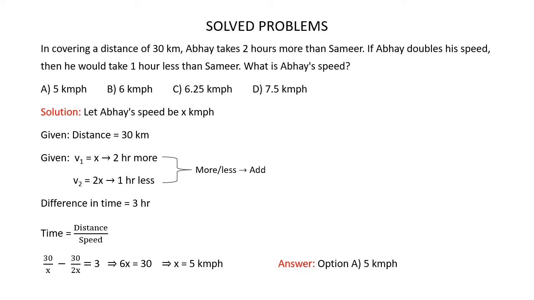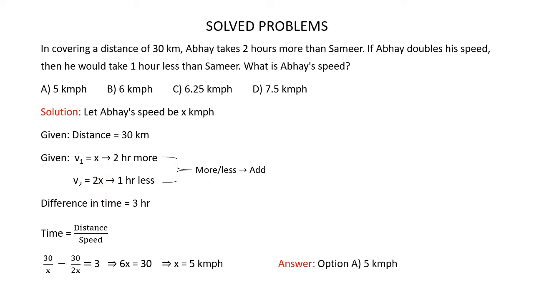Now we know the formula for time is distance divided by speed. Now here distance is 30 kilometers. In the first instance, speed is x kilometers per hour, so time here is 30 divided by x. In the second instance, distance is the same 30 kilometers, but speed is 2x, so time is 30 divided by 2x.